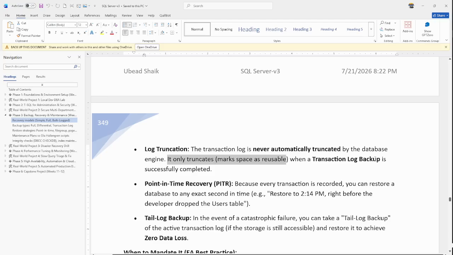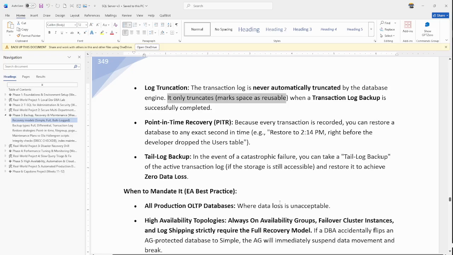So here every transaction is recorded. You can restore the database at any exact second. And even in a catastrophe like flooding or an earthquake, you can take a tail log backup of the active transaction and then restore it.